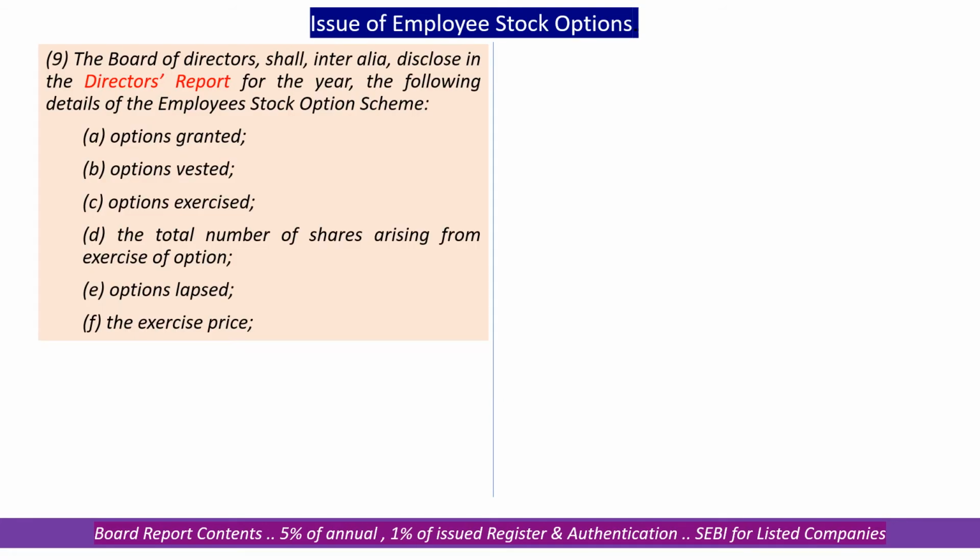As we said, whatever comes in the explanatory report, it has to be in the director's report also. Explanatory statement has to be summarized here, and director's report for the year will say how much option was granted, how much vested, how much exercised, how much options lapsed, what is the price that we realized, what is the number of shares issued.